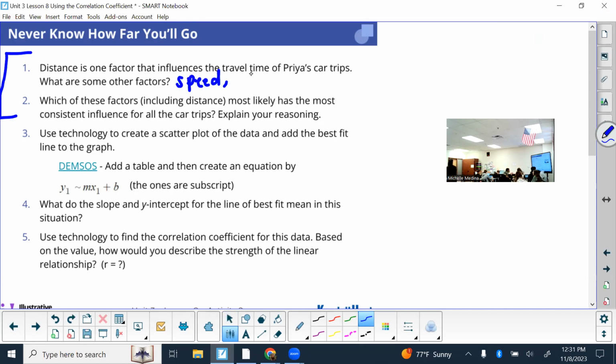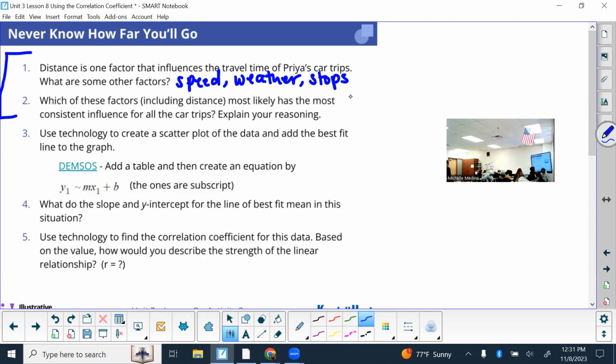Table 1, what's another factor? Weather. So in bad weather, you might have to drive slower. Table 2, what's another factor? Okay, stops, like if you need to get gas or get hungry.